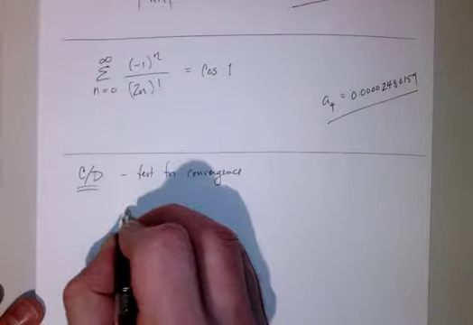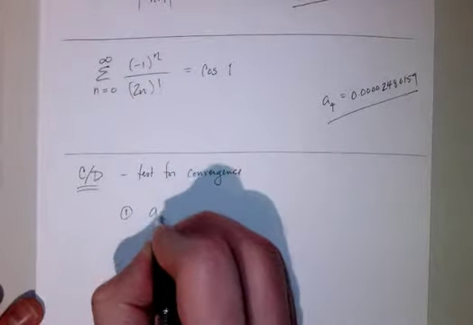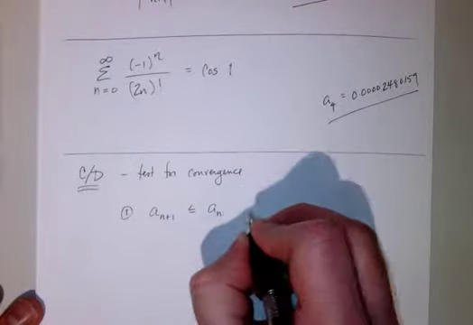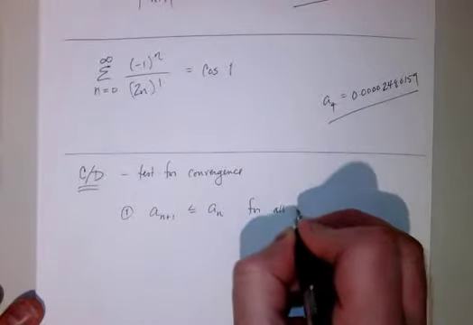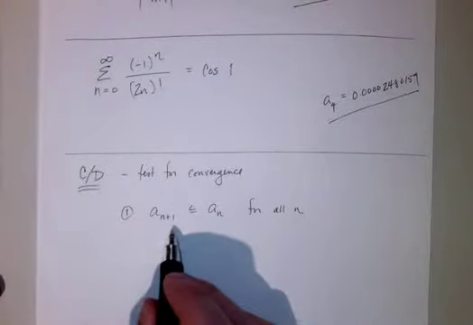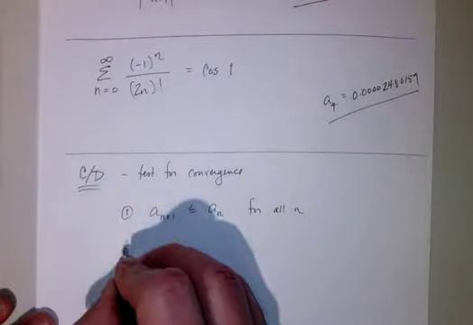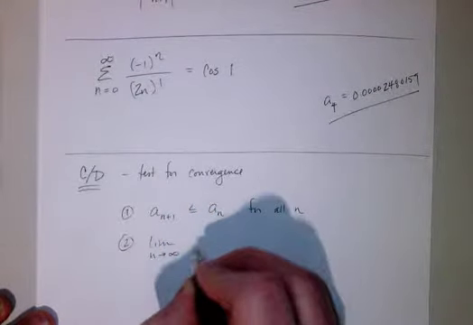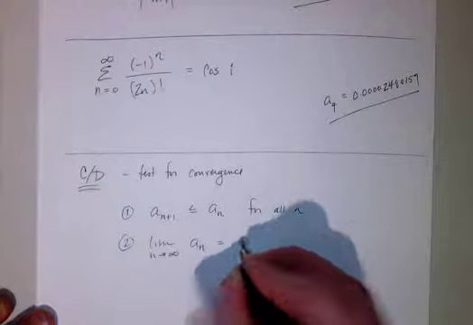So you need to figure out, one, that a sub n plus 1 is less than or equal to a sub n for all n, meaning that the next term is always less than or equal to the preceding term. And you need to figure out that the limit of your a sub n is indeed going to 0.